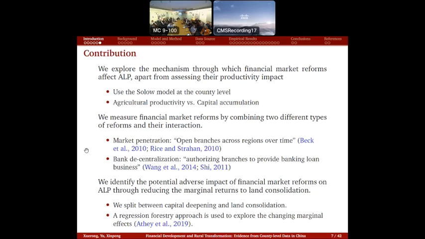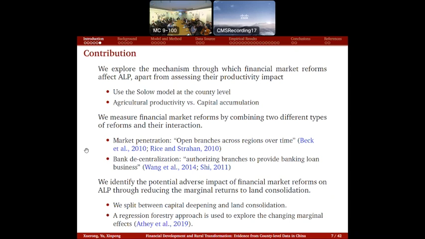The second is that we measure the financial market reforms by combining two different types of reforms, as mentioned before. Thirdly, we highlight the role of land consolidation, so we split between capital deepening and land consolidation. What's more, we examine the heterogeneity effects based on the regression forest approach.